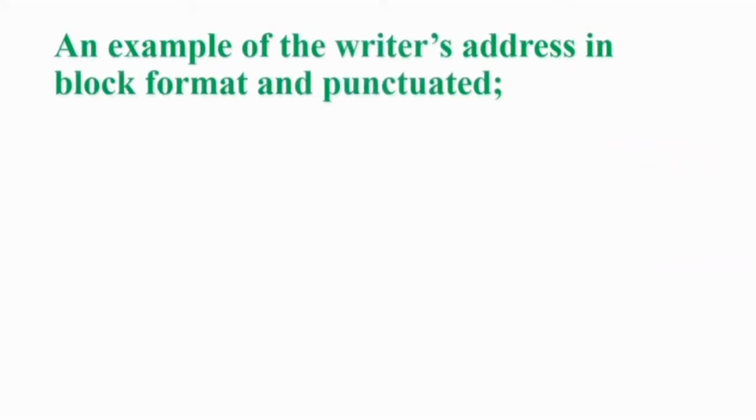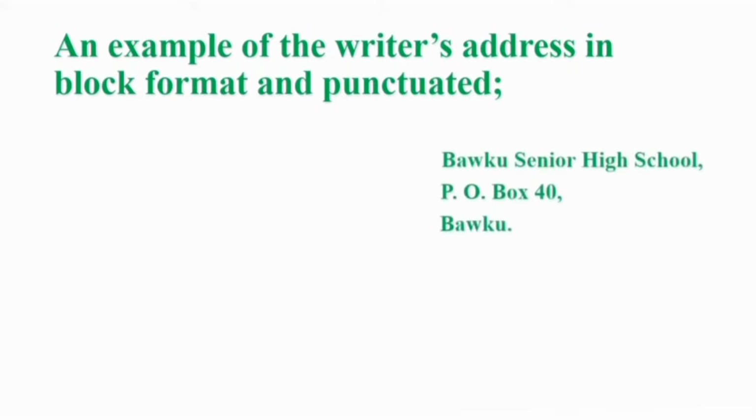Here is an example of the writer's address in block format and punctuated. Wassce Senior High School, P.O. Box 40, Wassce. The first line contains the name of the institution, which is Wassce Senior High School, followed by a comma.